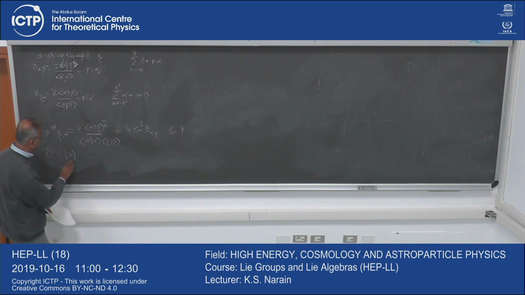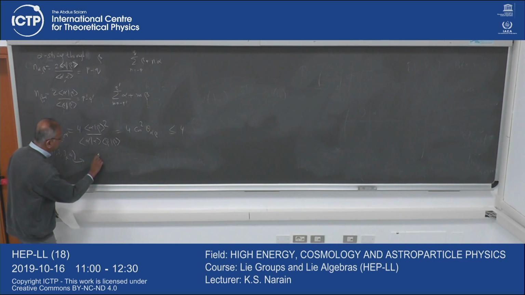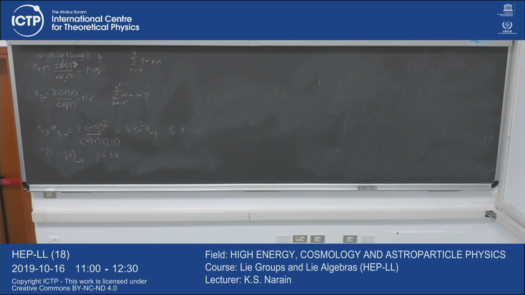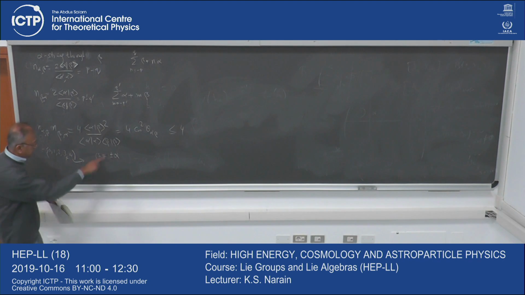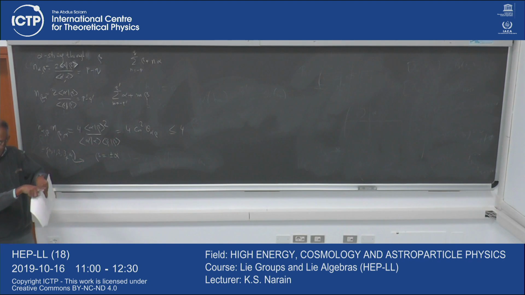So for this case, the only thing is beta equal to plus or minus alpha. Because we see that beta and alpha are parallel, right?